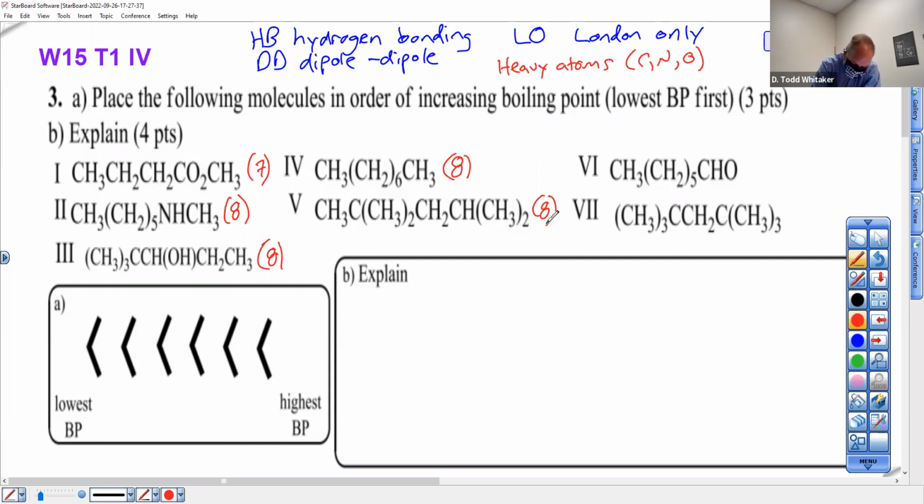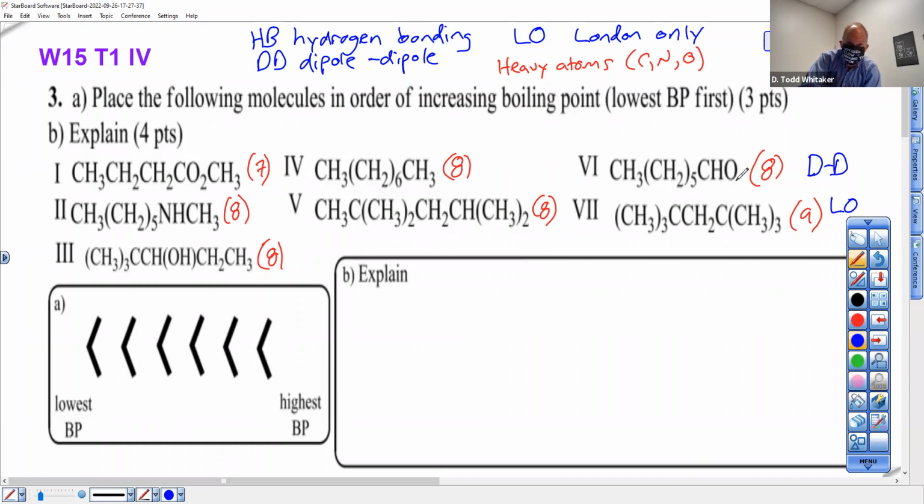And then we got 8 here. And 3, 4, 5, 6. And these are all LOs. Oh, that's not an LO. That's a DD. How come that's a DD there? This one here. It's got a carbonyl. That's an aldehyde.